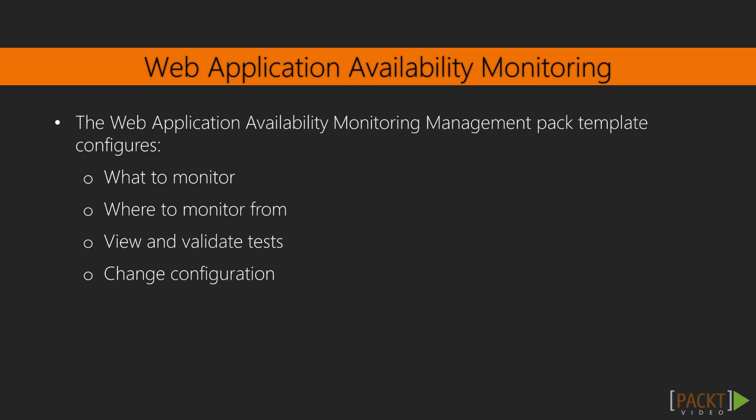The Web Application Availability Monitoring Management Pack template can be used to monitor the availability of one or more of your web application URLs. And you can run these tests either from an internal location, let's say if the client was internal, or you can even run it from an external location. You can use a command line to configure the latitude and longitude of the watcher node using the global service monitor.